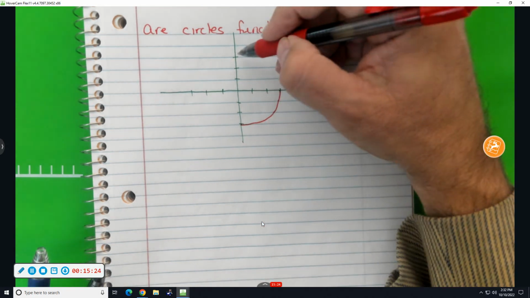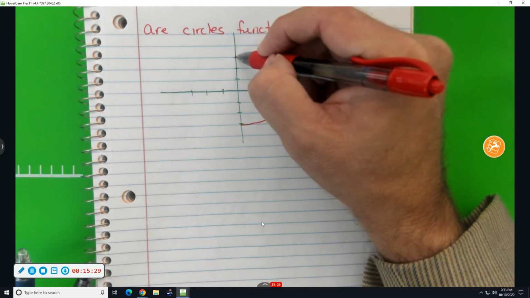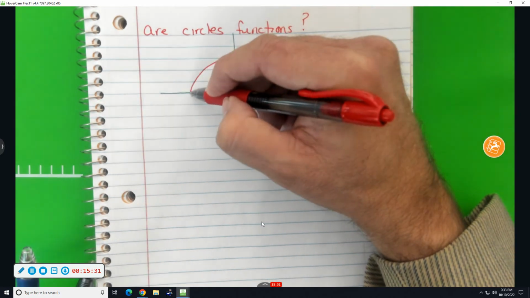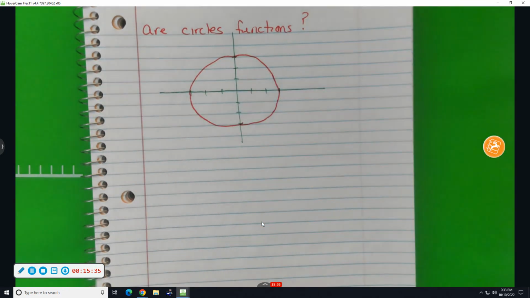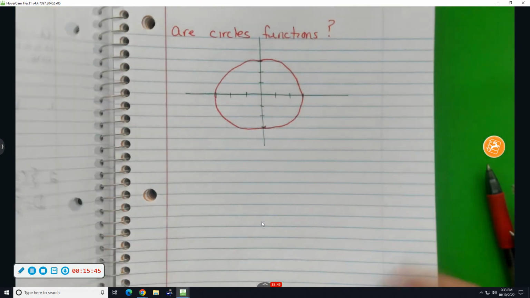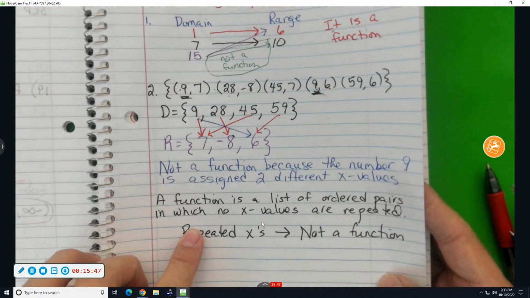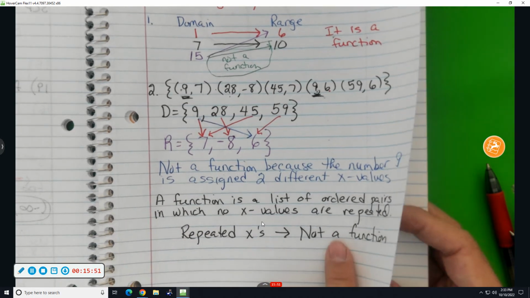And I don't have a compass up here or some neat tool, so it's not going to look very good. It looks more like an oval than a circle, but pretend it's a circle. And the way I'm going to answer this, is it a function, is by using what I wrote right here. If there are repeated x's, then it's not a function.